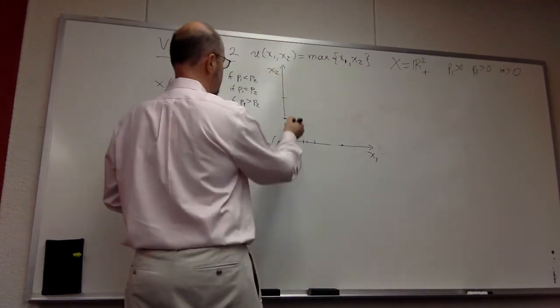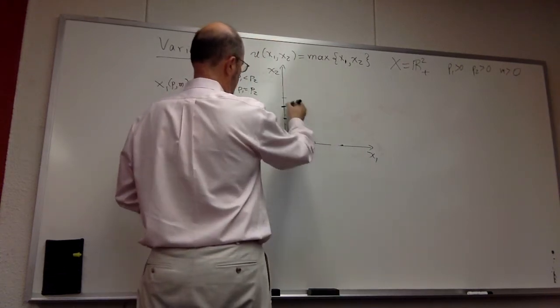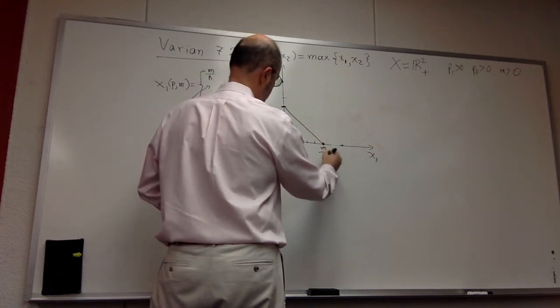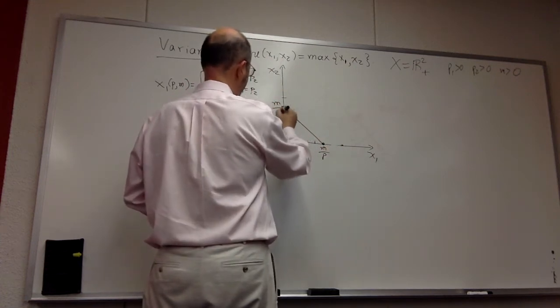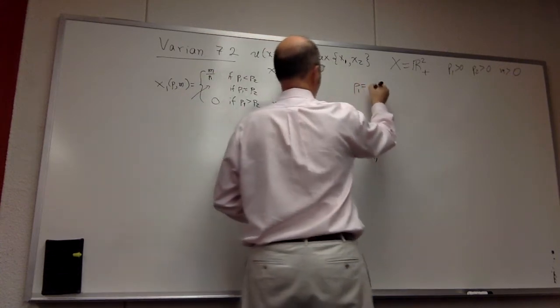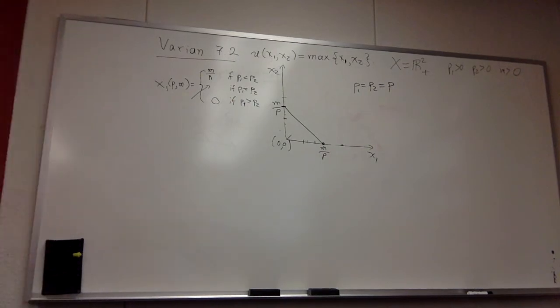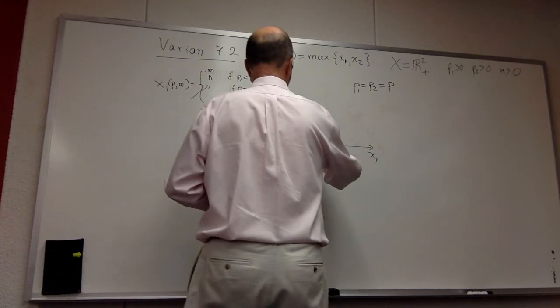Well, let's make a budget. Let's assume that the prices are equal, and let's just economize on notation by writing both as just P, since they're the same number. Let's draw the 45-degree line.